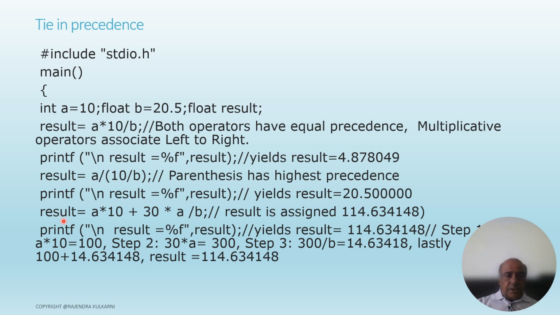Another expression, result is equal to A into 10 plus 30 into A by B, A divided by B. The output will be 114.634148.